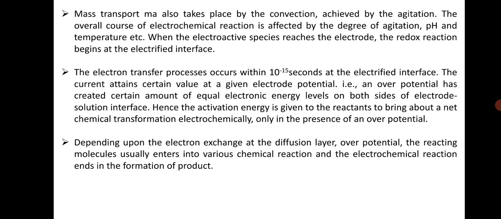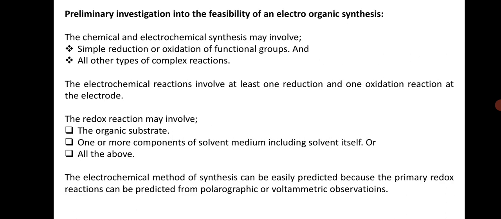Okay, so depending upon the electron exchange at the diffusion layer and the overpotential, the reacting molecules usually enter into various chemical reactions, and the chemical reaction ends by the electrical process to form a product. Okay, so these are the fundamental aspects you have to consider in the physical perspective of electrosynthesis.